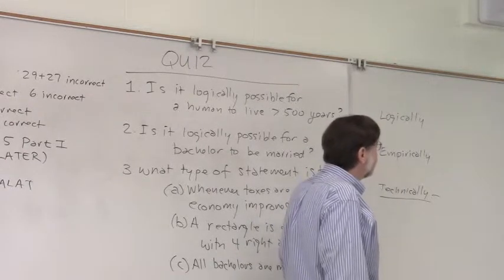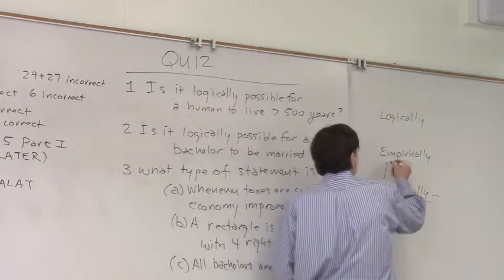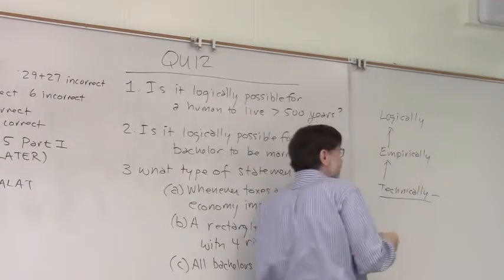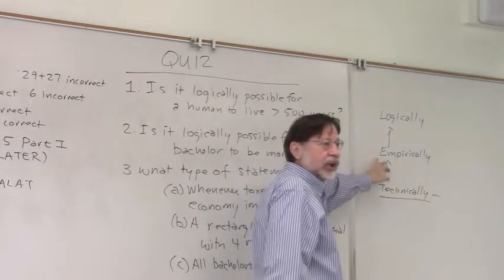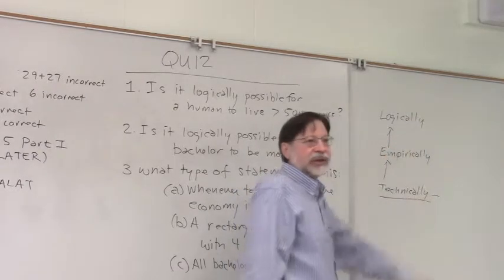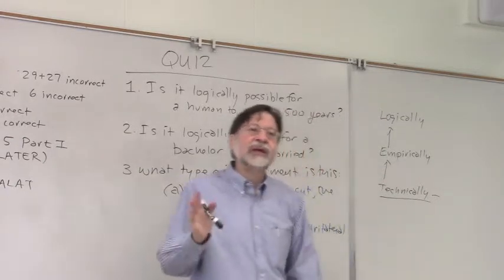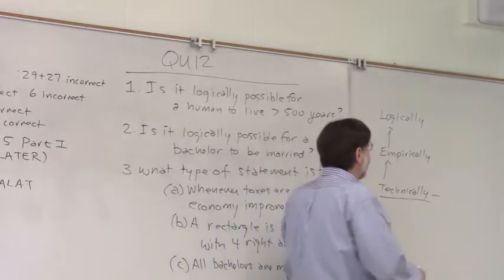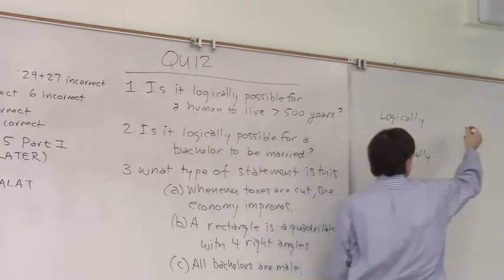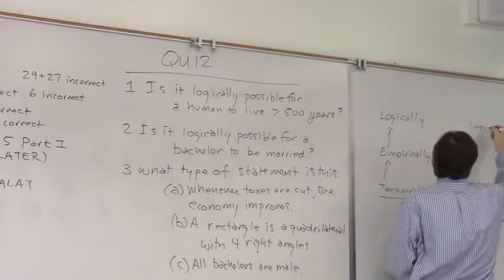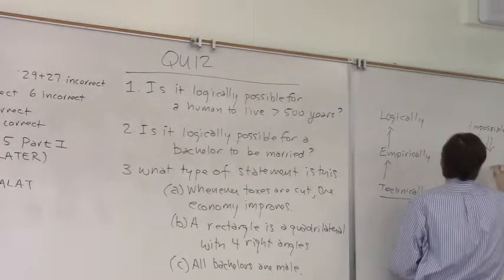Once you know something is technically possible, you know it's empirically possible and logically possible. But we don't always know what's empirically possible. Possibility goes in this direction; impossibility, the implication goes in the other direction.